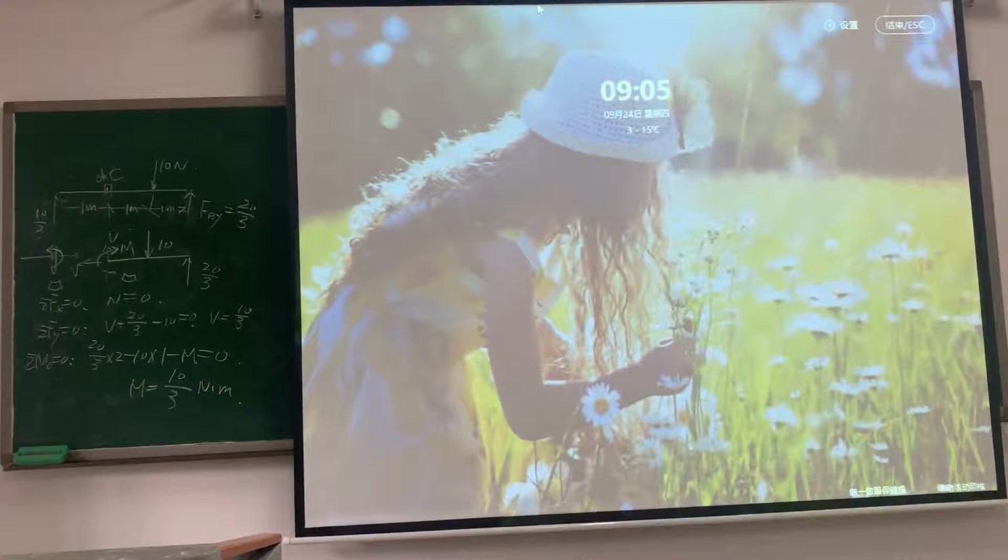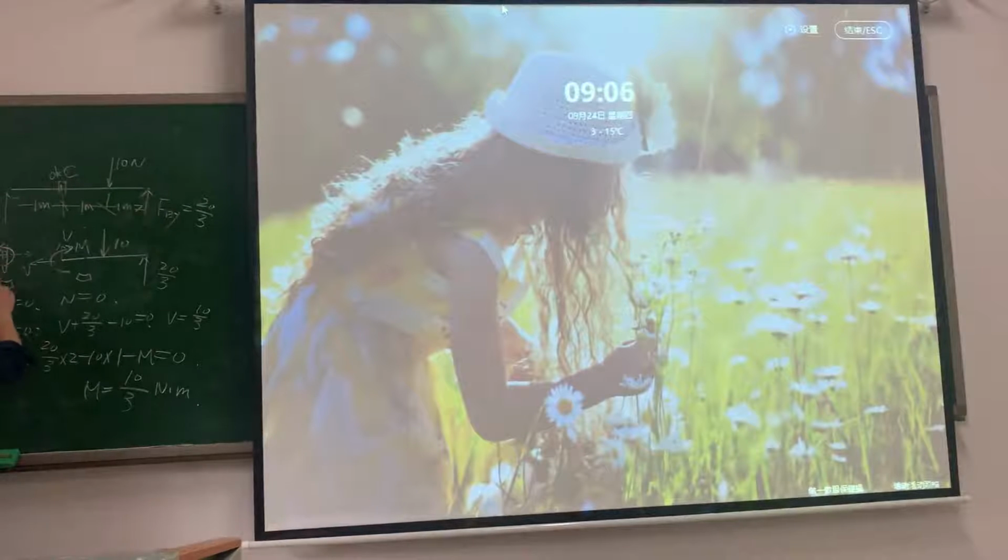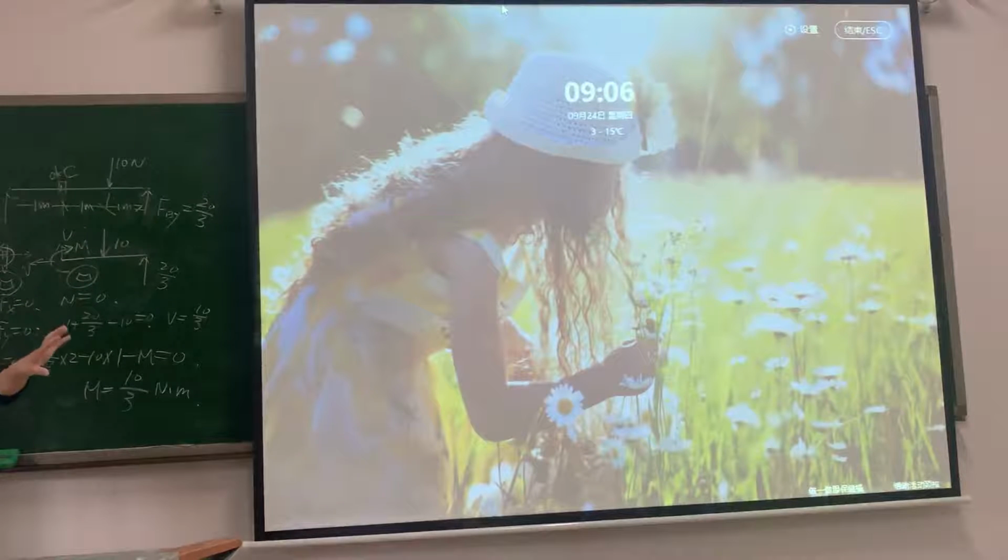It is also positive, because the deformations are the same. In this part, the deformation is like this. In this part, the deformation is like this. So if you take the left part or the right part, the answer is the same. Understand?